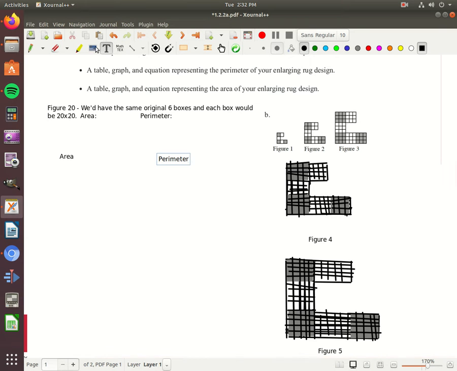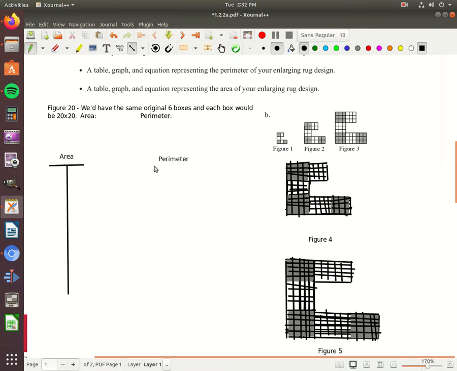So if I were to go with my area and my perimeter, the original one, my input is essentially going to be figure 1, figure 2, figure 3, figure 4, figure 5, and again I'm going to go down to figure 20.